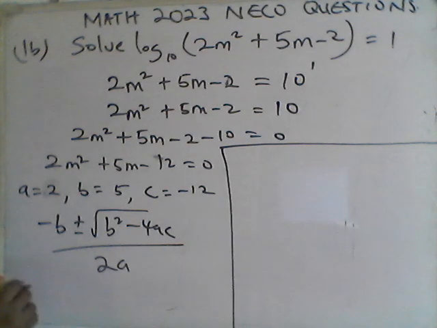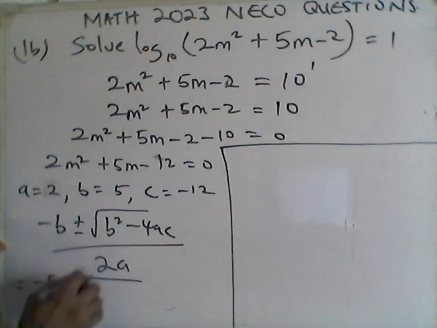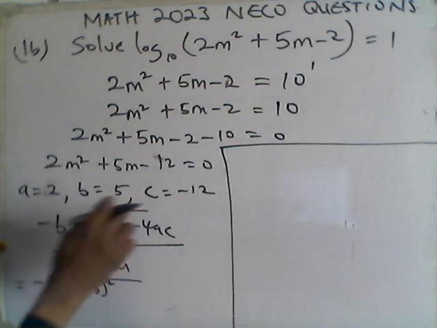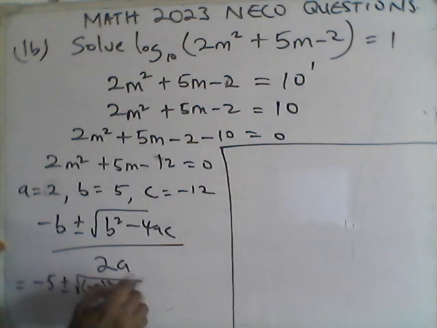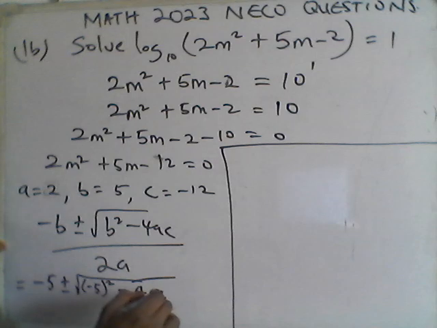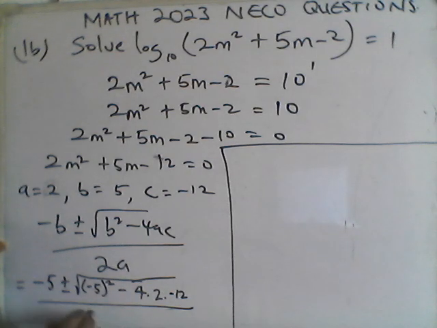So I have minus b, which is minus 5, plus or minus square root. b again is minus 5 squared, that's from here, then minus 4 dot a is 2 dot c is minus 12, all over 2 times a, 2 times 2 is 4.